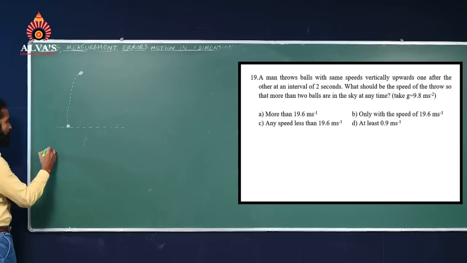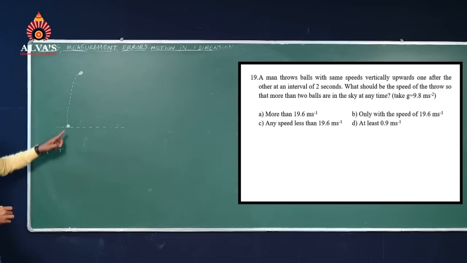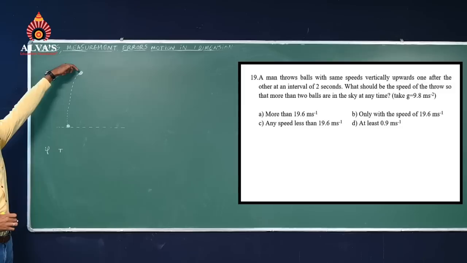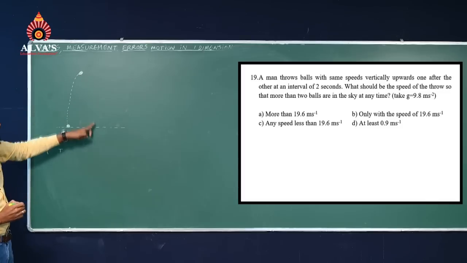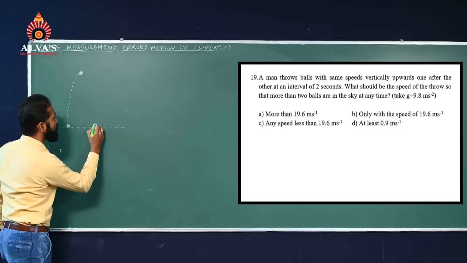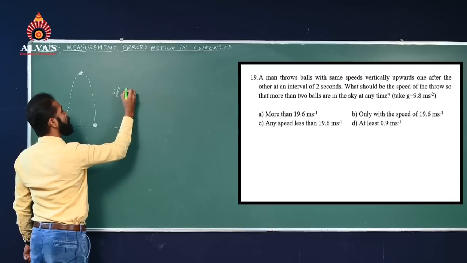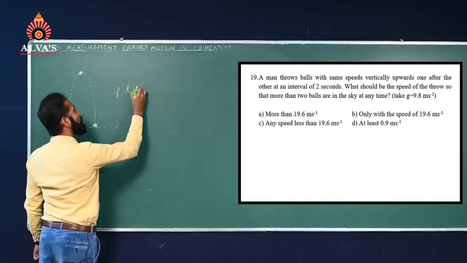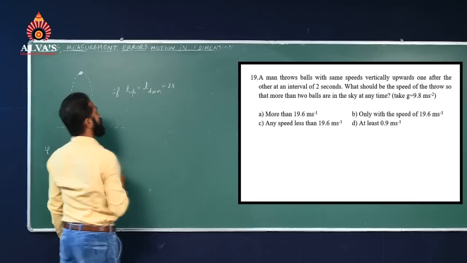Now suppose the ball that is projected is going to reach the maximum height in 2 seconds, then when you project the third ball, this ball will come down and will reach the ground. That is only if the time upward, equal to the time to come down, is 2 seconds.